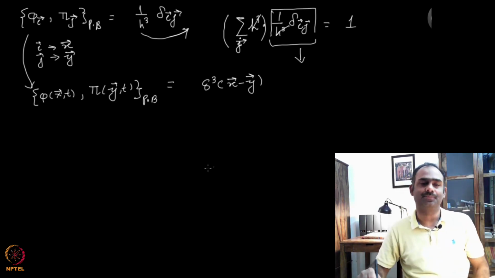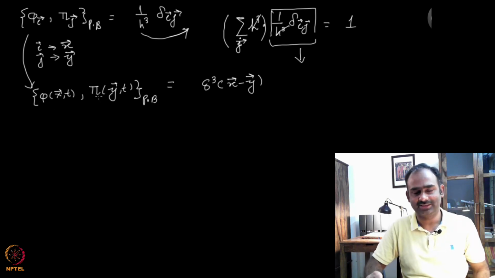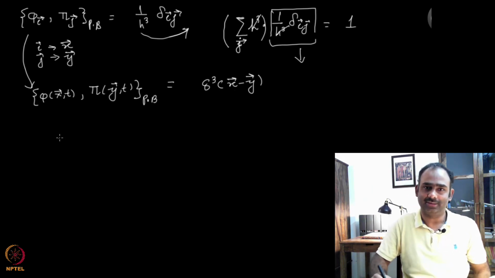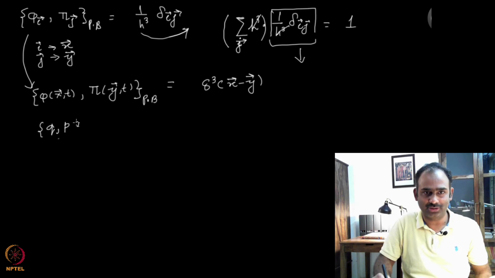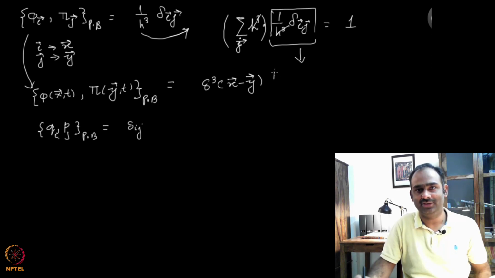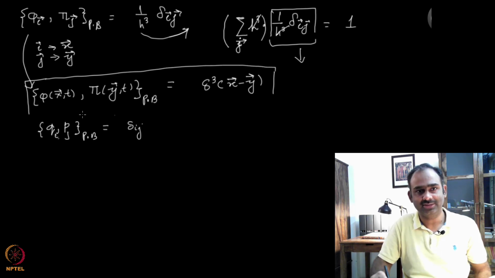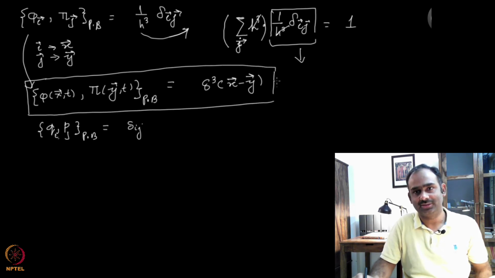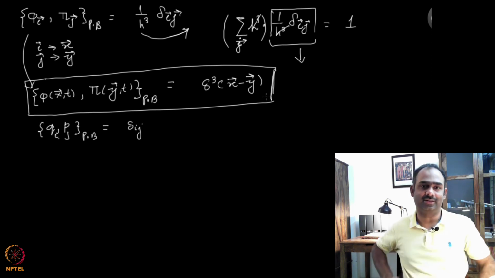So we have found the Poisson bracket of φ with its canonical conjugate momentum density, and it comes out to be δ³(x−y). If you compare with q and p for any conjugate pairs, let's say i and j, they would be δ_ij. What you have here is a generalization of a finite number of variables or coordinates. So here in the continuum, it generalizes to this one.